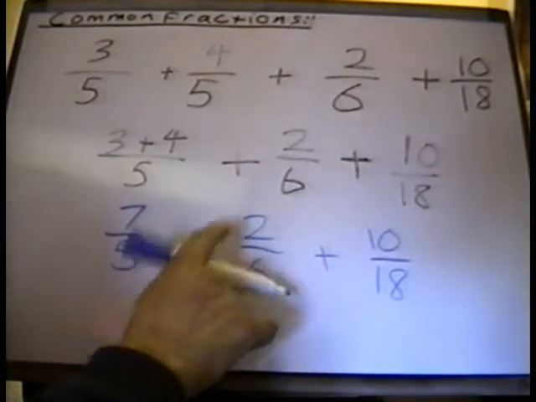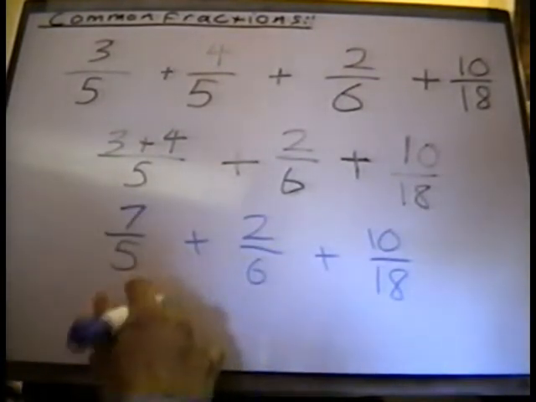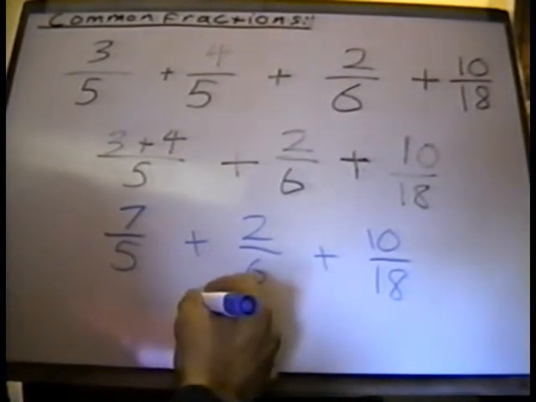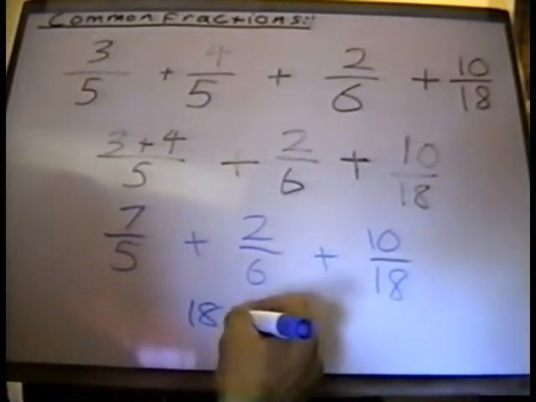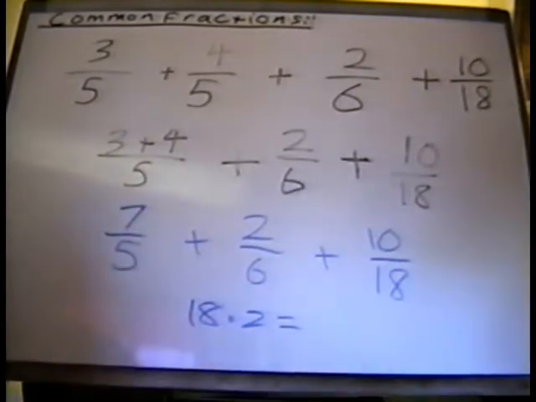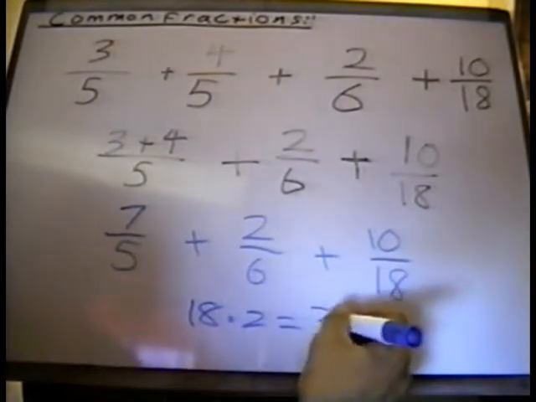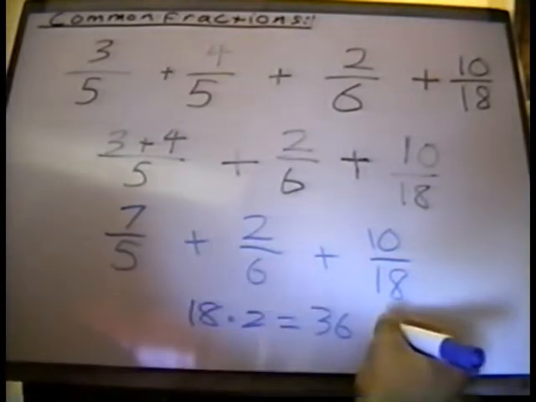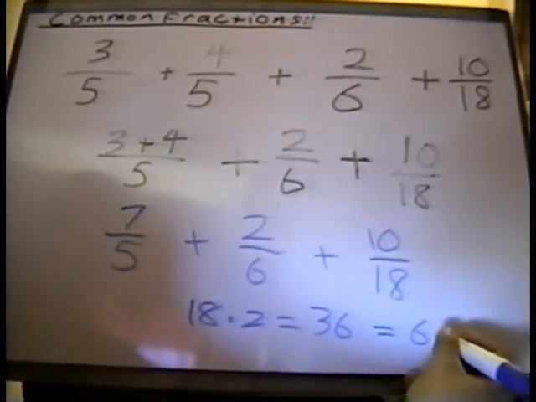For example, we could multiply. If you try to find, for example, 18 times 2, that is 36. Now 36 equals 6 times 6.